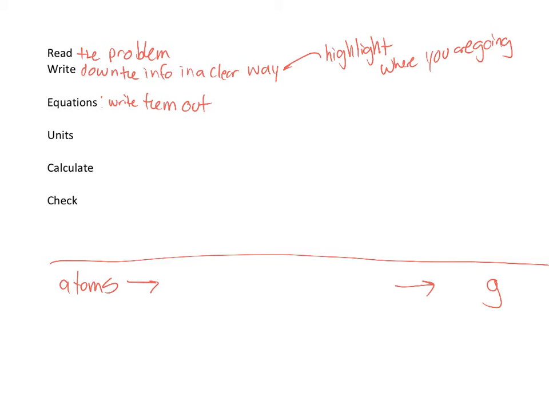The next thing is that units have to cancel out appropriately. So always look for proper unit cancellation. Once you have everything set up and it's ready to go, then do the calculations.